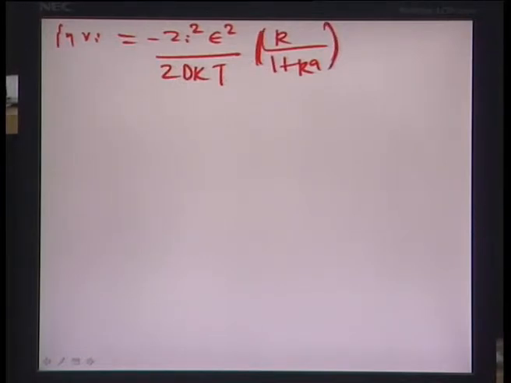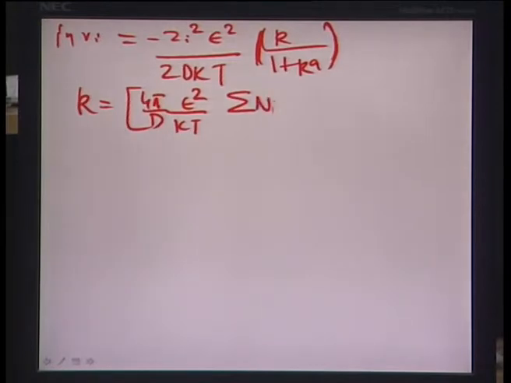Okay. So also we know that k essentially is nothing but 4 pi by D, epsilon square by kT, sigma Ni Zi square to the power of half. In other words, we can express this in a more appropriate manner by assuming what is really Ni.